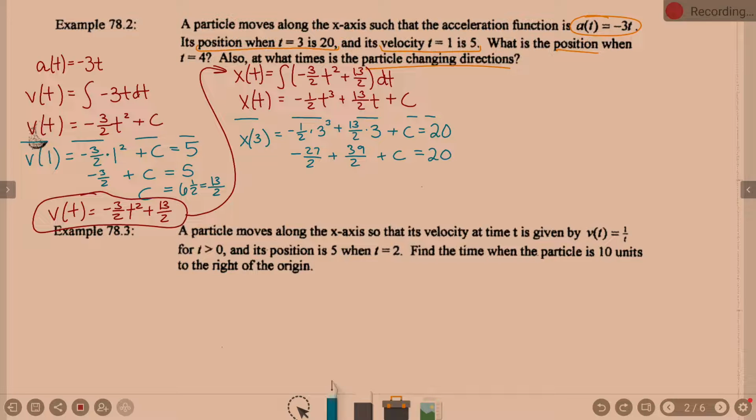Negative 27 halves plus 39 halves is going to be 12 halves, right? Which is 6. I do like that. 6 plus c equals 20. And so c is 14, if I've done my math correctly. Hey, my notes agree with me. That's always good.